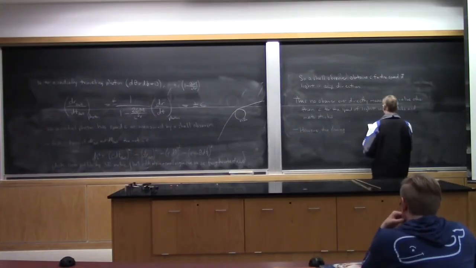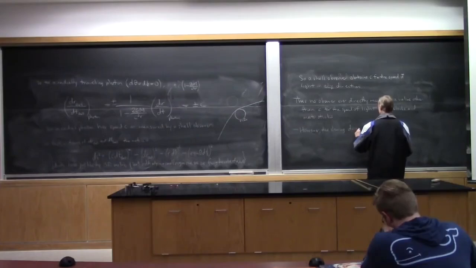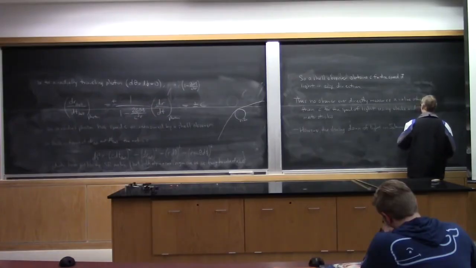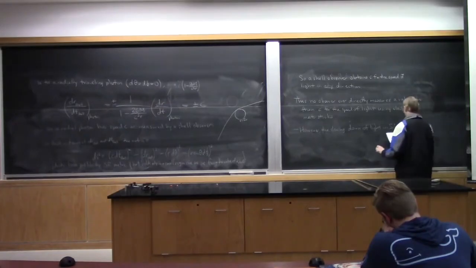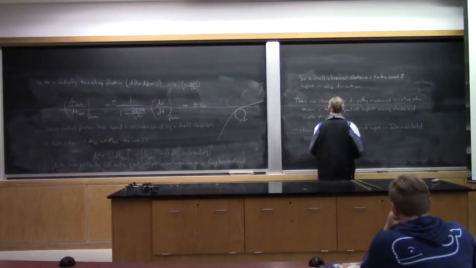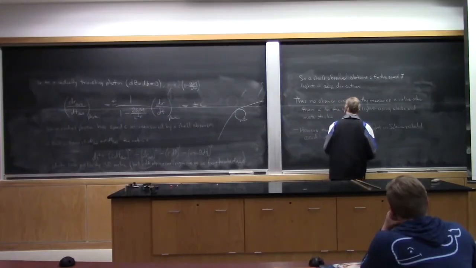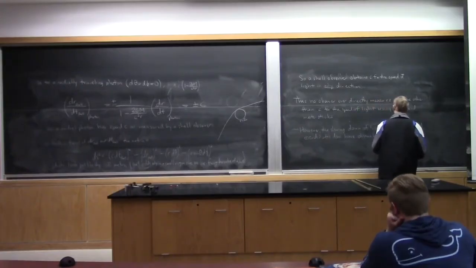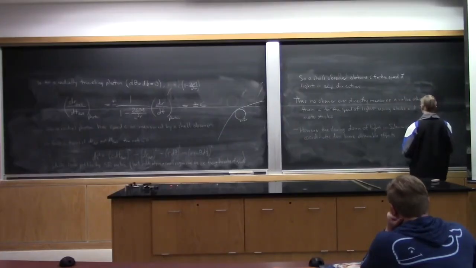However, the slowing down of light in Schwarzschild coordinates does have observable effects. Radio signals passing near the sun are delayed by its gravitational field.